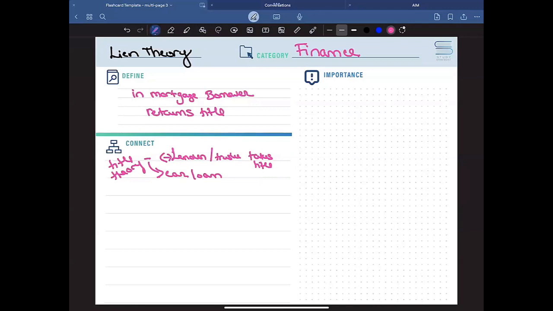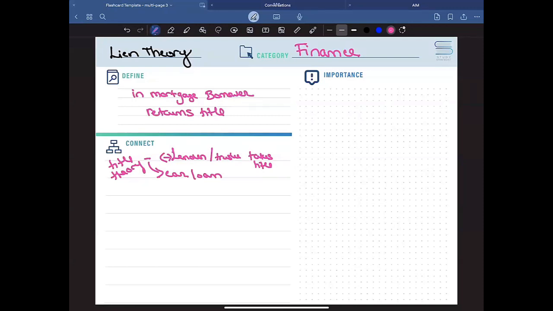I'm lost down my own train of thought. No, that's okay, and this is what helps you. If all you realize is that in lien theory the borrower gets to keep title to the house, that's one way to look at it, but there are implications.